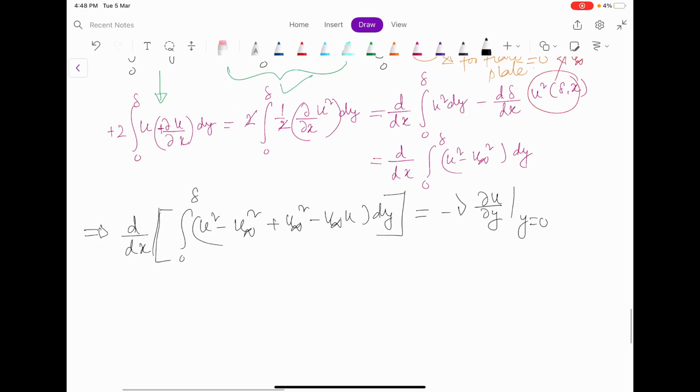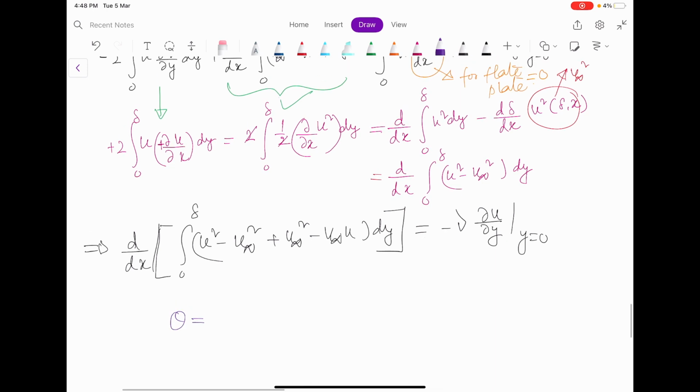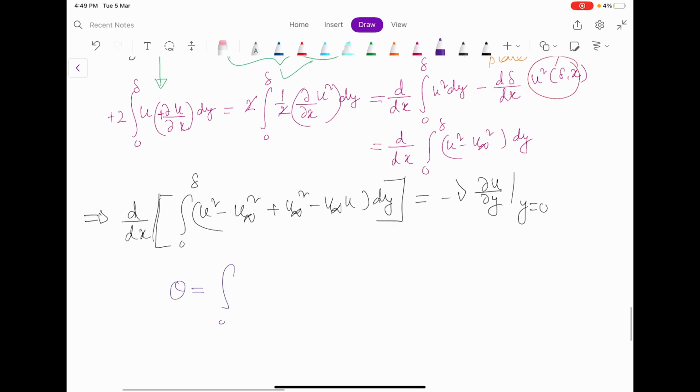Okay, so now let me define what is called momentum thickness. Momentum thickness is the integral from 0 to delta of u by u infinity into 1 minus u by u infinity into dy. In fluid mechanics, in boundary layer theory, you must have studied the displacement thickness and momentum thickness. I will not cover them in detail here because in heat transfer they don't bear that much significance.